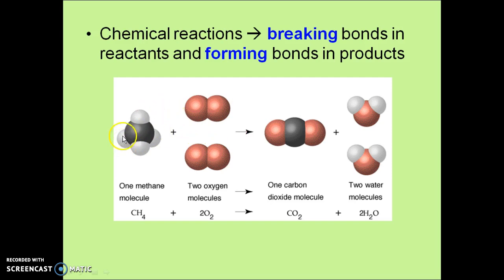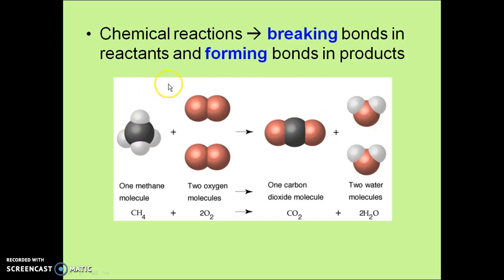And if we put methane in the presence of oxygen gas, and oxygen gas is O2, just 2 oxygen atoms that come together, if we join those 2 things together, a chemical reaction occurs in which we produce carbon dioxide, carbon and 2 oxygens, and 2 water molecules.